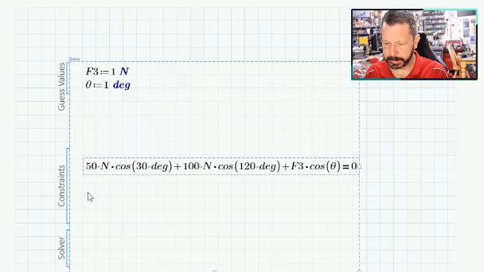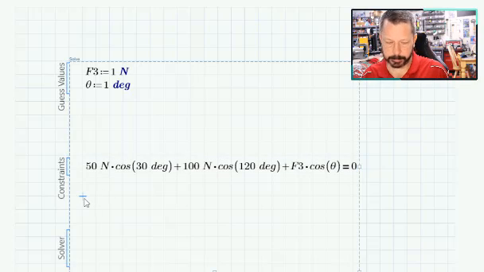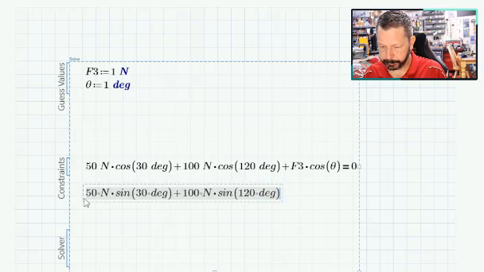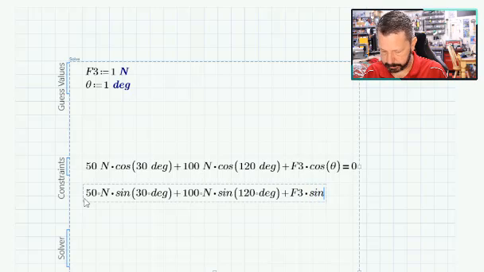Control equals, to make it a symbolic equal, 0. The other equation: 50 newtons times sine of 30 degrees plus 100 newtons times the sine of 120 degrees plus F3 times the sine of theta equals 0.